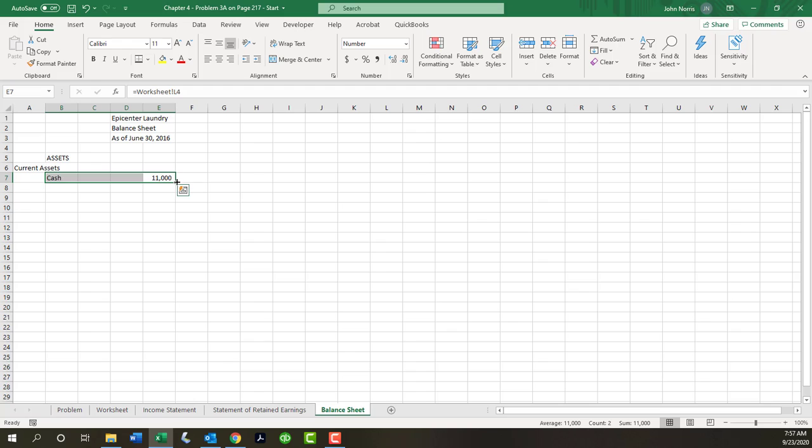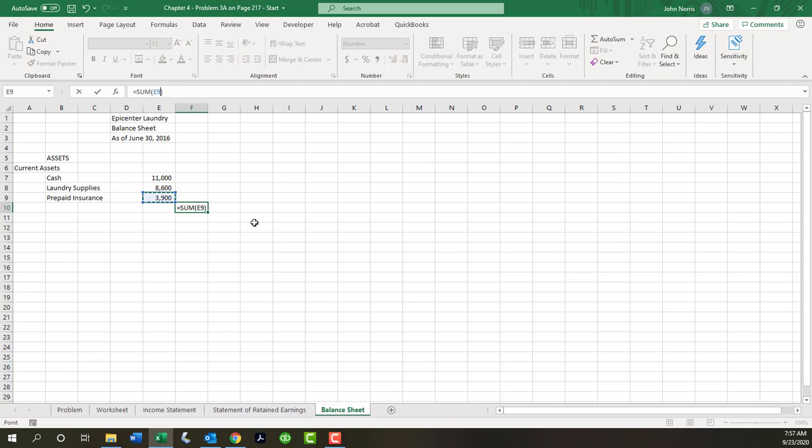And there are 3 current assets: cash, laundry supplies, and prepaid insurance. Sum that for total current assets. And then property, plant, and equipment.